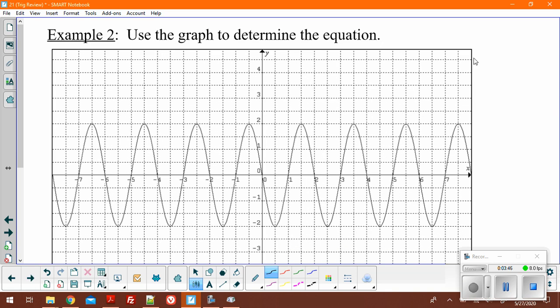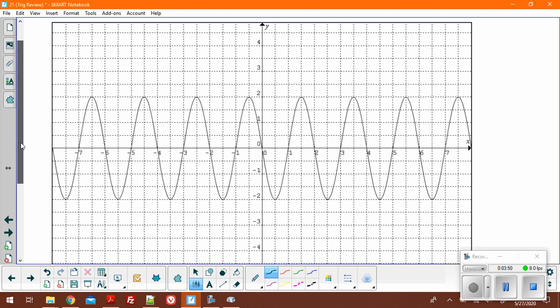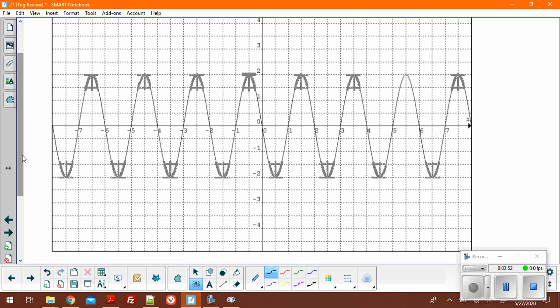So a quick example of that: here's a graph, and we're going to determine the equation of the graph. First, we'll note the amplitude. My amplitude is 2, so my a value in the equation is going to have to be 2. Next is the period of the function.